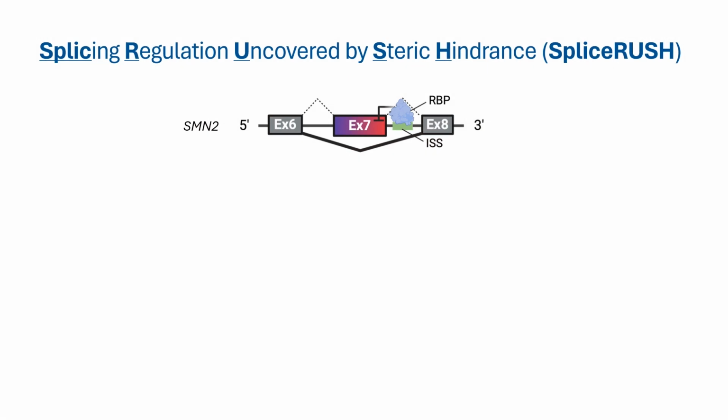To tackle these challenges, our lab has invented a new technology called SpliceRUSH, which stands for splicing regulation uncovered by steric hindrance. Most of the time, RNA splicing is achieved through the interaction between splicing regulatory elements and RNA-binding proteins, RBPs.